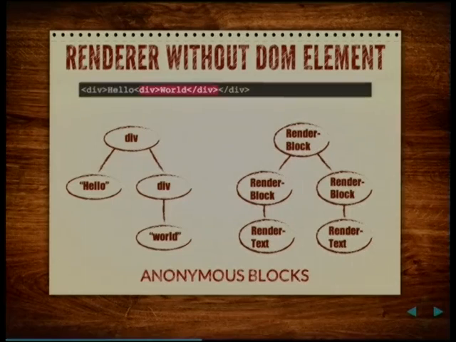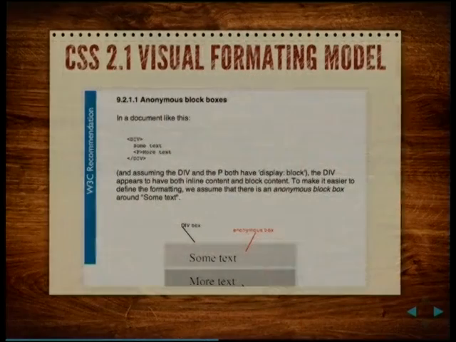This might sound very confusing. The answer to why we do it is actually a notion called anonymous block. So what is an anonymous block? That's something that's really confusing. If you want to know it, just read the CSS 2.1 specification. CSS 2 actually requires that you cannot have inline children together with a block element.